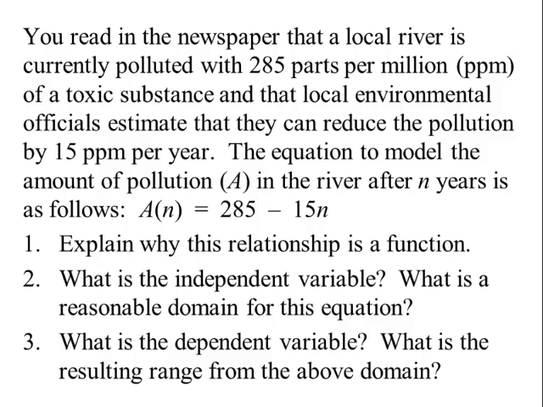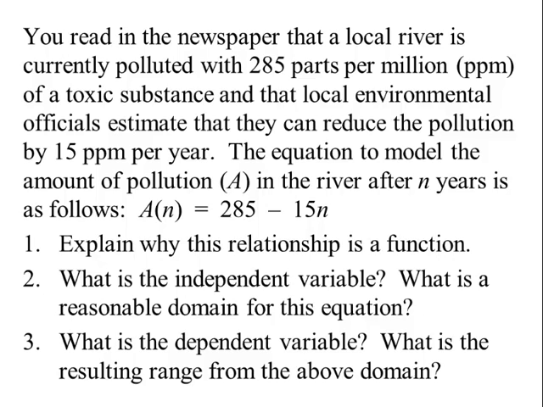You read in the newspaper that a local river is currently polluted with 285 parts per million of a toxic substance, and that the local environmental officials estimate they can reduce the pollution by 15 parts per million per year. The equation to model the amount of pollution A in the river after n years is as follows.